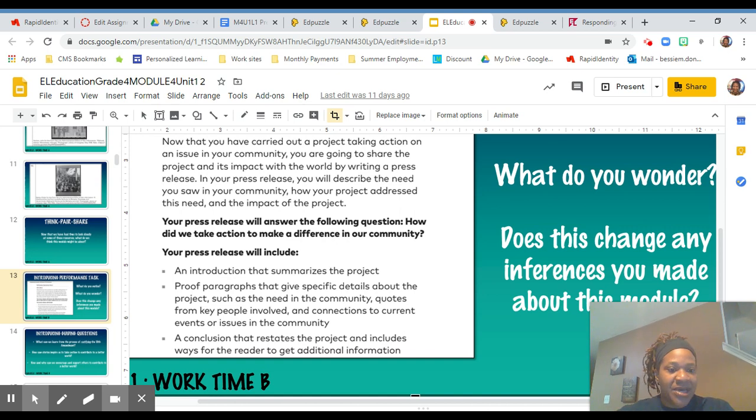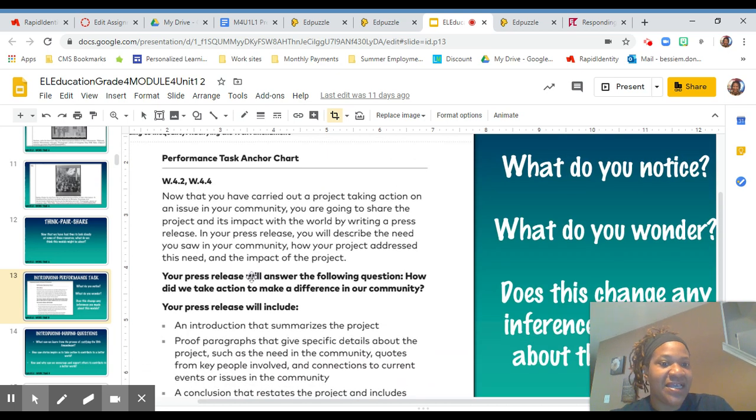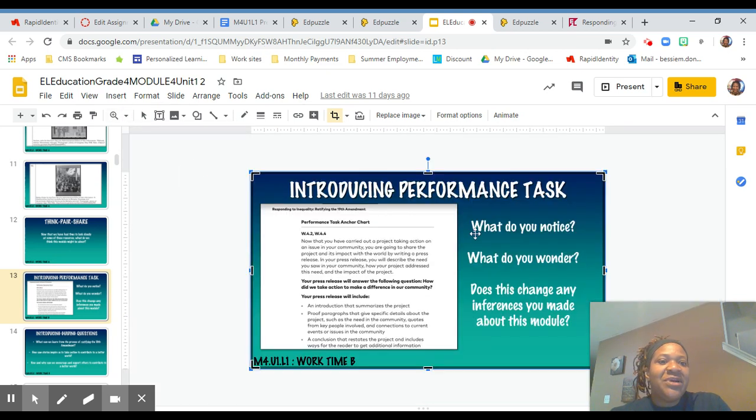We'll be talking about that more throughout the module to get you ready. And as usual with our lessons, we'll be doing things in the module to build up to our performance task at the end. Now, I don't want you to write anything down, but I just want you to think about this question for our performance task. What do you notice about the performance task?